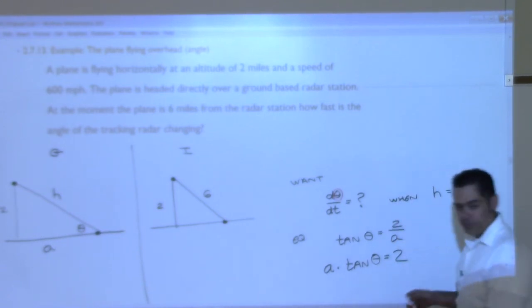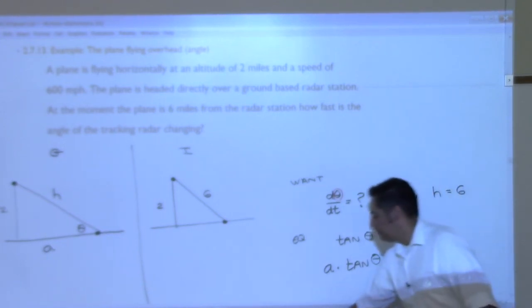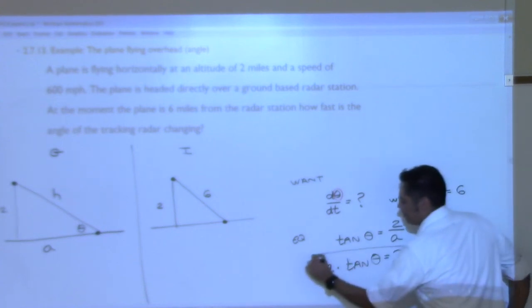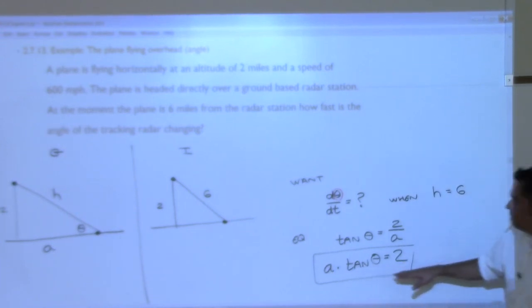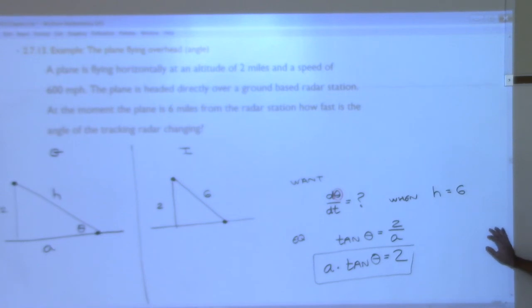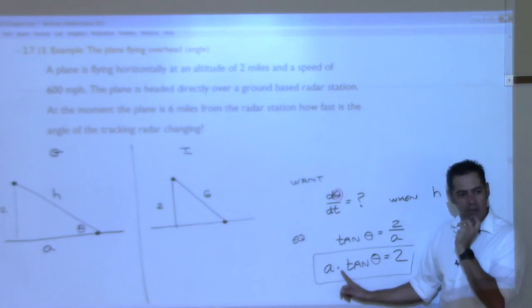I need the derivative of this with respect to time. The derivative of A is going to be 1, but you're differentiating with respect to time, so dA dt. And then what is this right here?